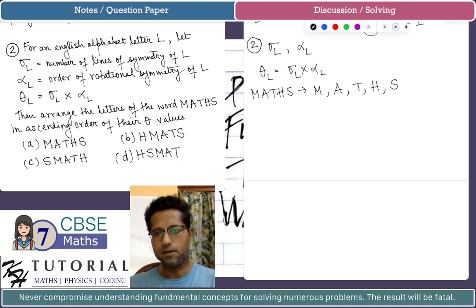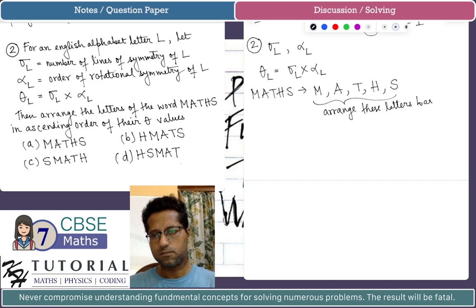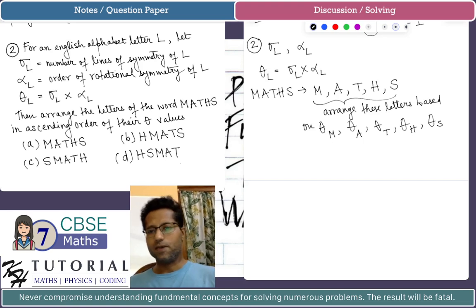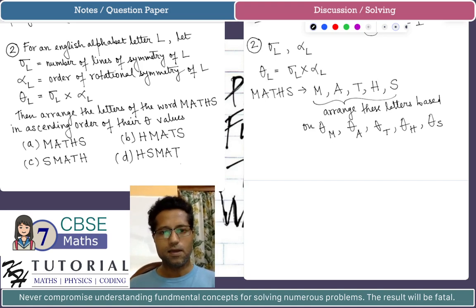So we have to find theta M, theta A, theta T, theta H, and theta S. Based on all the theta values of these 5 letters, we have to arrange these letters in ascending order, and that order is given as choices, and we have to choose the correct choice.